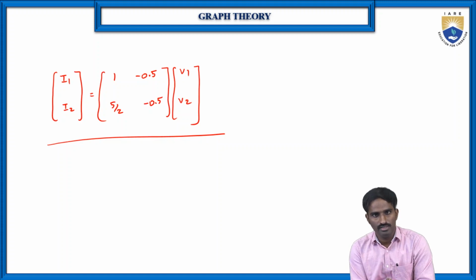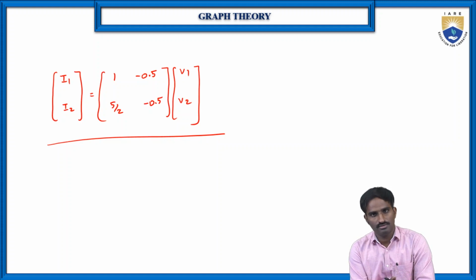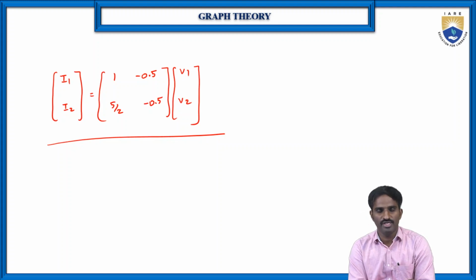First, if you want to find Y11 and Y21, then we make the secondary side a short circuit, which means making V2 equal to 0. Then if you want to find the other two parameters, Y12 and Y22, then we make the primary side a short circuit, which means V1 is equal to 0. In that way we can find the short circuit or admittance parameters.